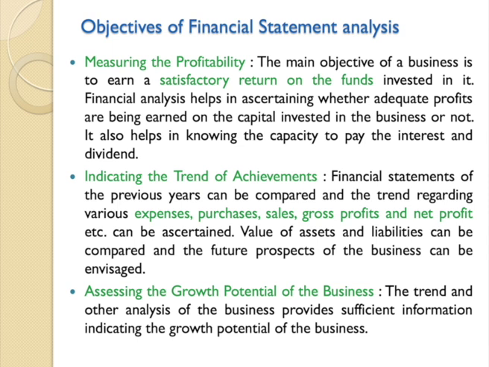The second objective, dear students, is indicating the trend of achievements. Financial statements of the previous year can be compared and the trend regarding various expenses, purchases, sales, gross profit, net profit, etc. can be ascertained. For example, sales in the past 5 years, like in the first year it was 100, second year 200, third year 300, fourth year 400, fifth year 500.